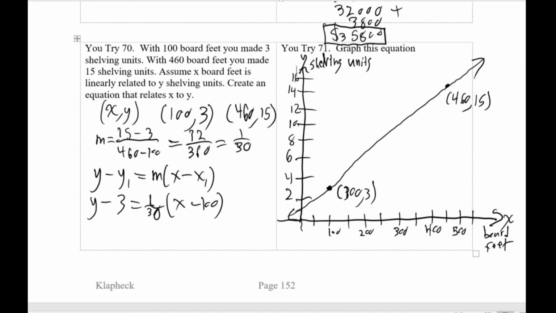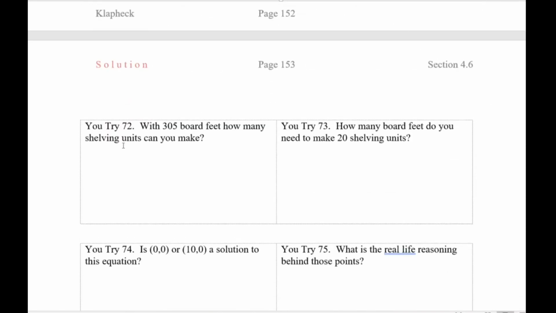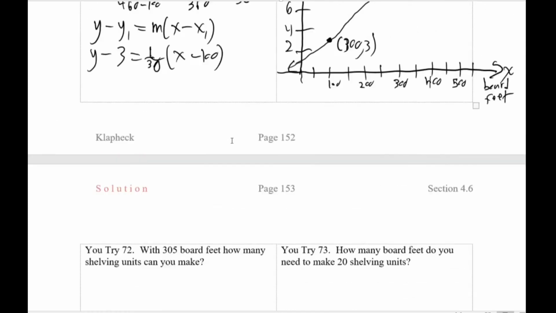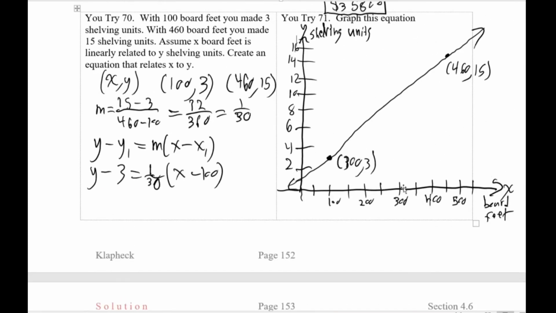I then draw a line through those 2 points, and I have my graph of the linear equation. And you try 72. With 305 board feet, how many shelving units can you make? So if you had around 305, you could estimate that you could make around 10.